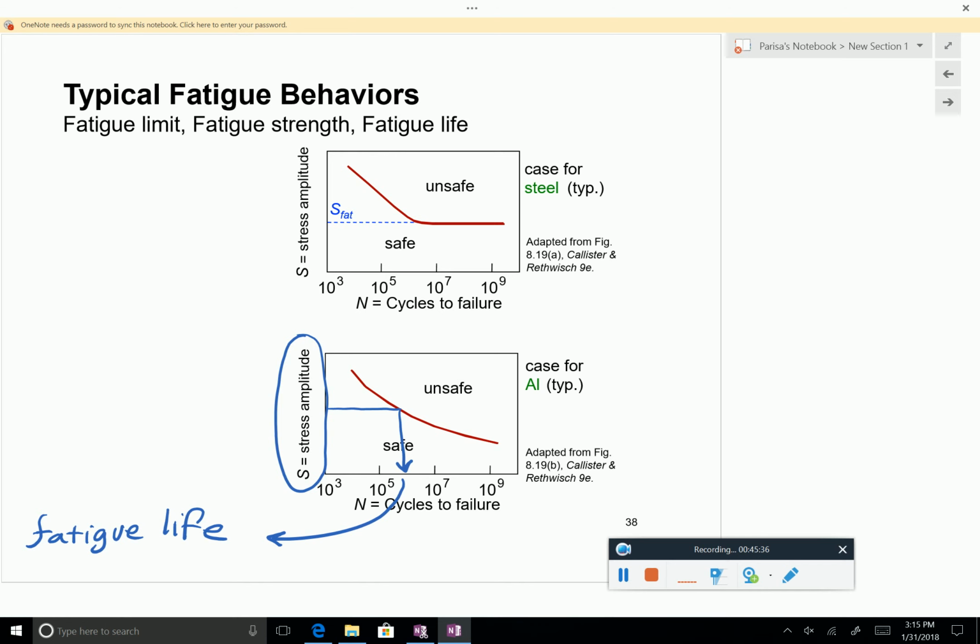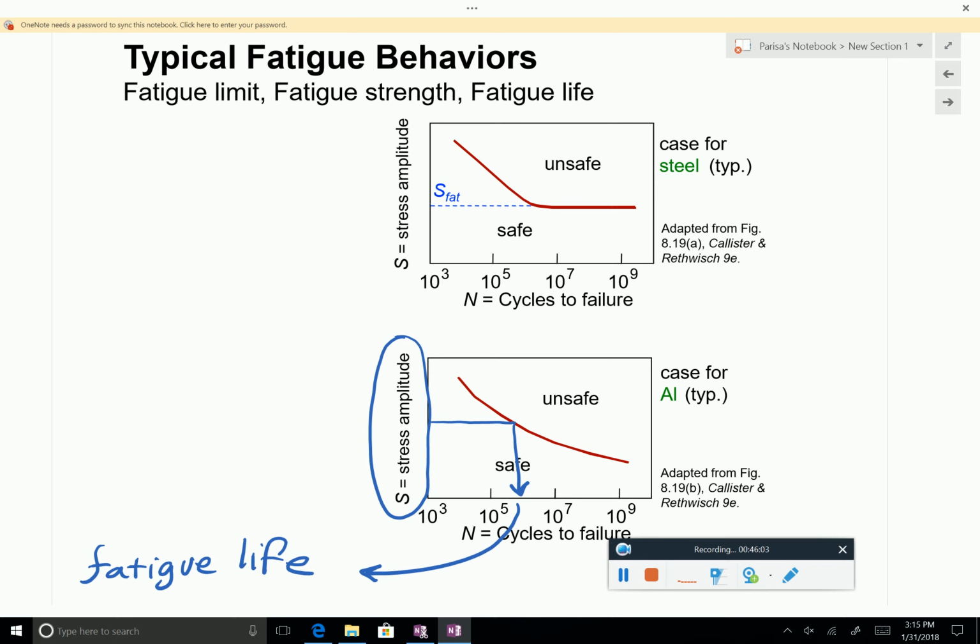Depending on the material, we are comparing here steel and aluminum. If you have a steel, after a certain number of cycles, the stress at failure doesn't change anymore. Does anyone remember what we called this before? Fatigue limit or endurance limit.